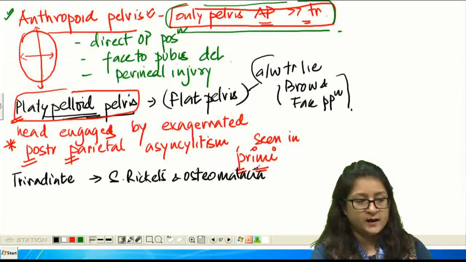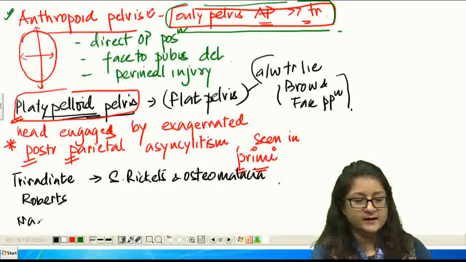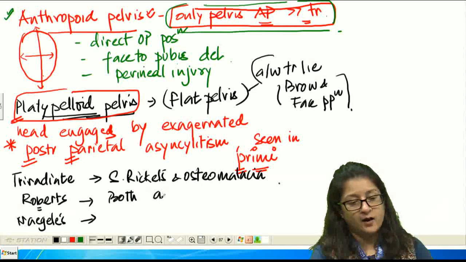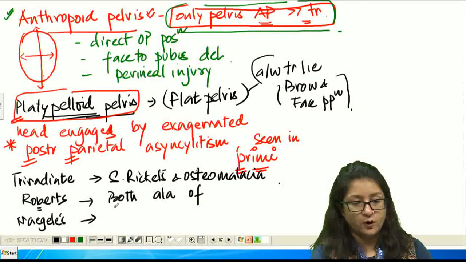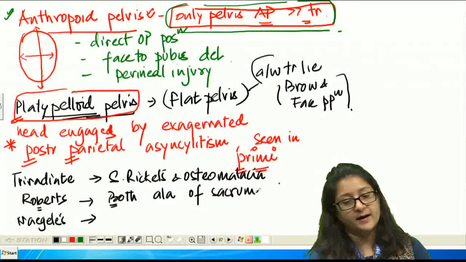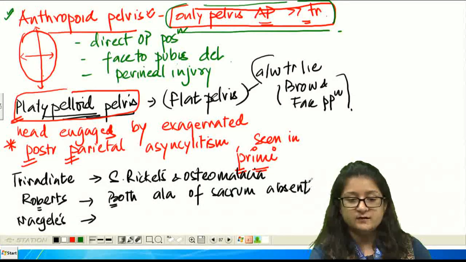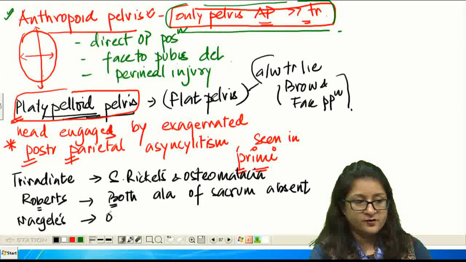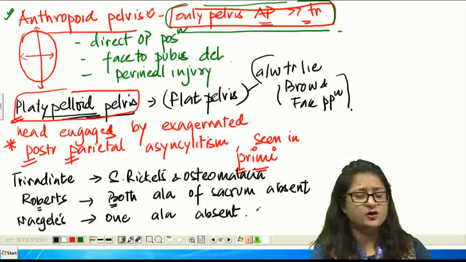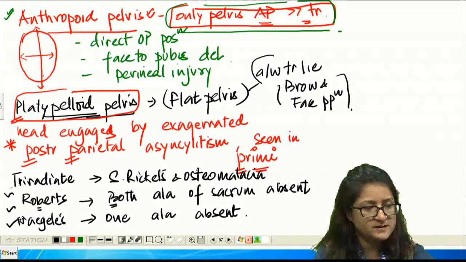Then we have the Robert's pelvis, and we have the Naegele's pelvis. In Robert's pelvis, B for Robert's, B for both ala of sacrum, they are absent. In Naegele's pelvis, one ala of sacrum is absent. These three types are grossly deformed pelvises.